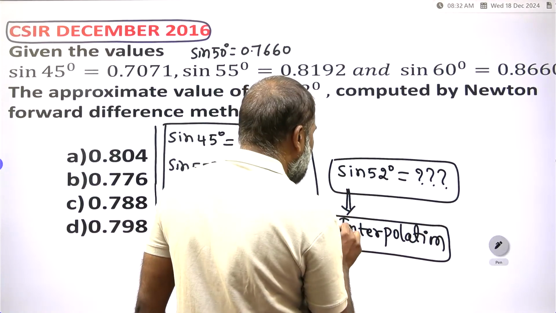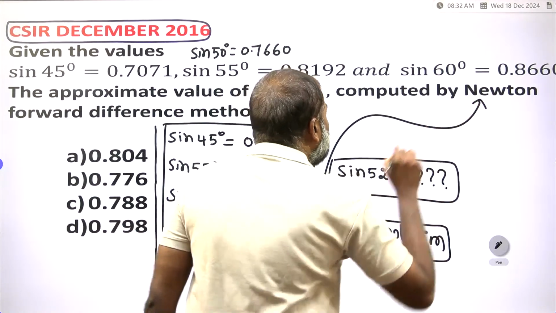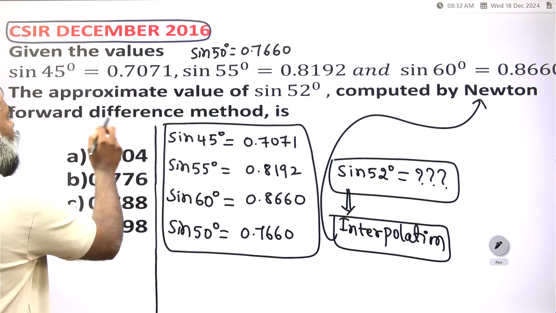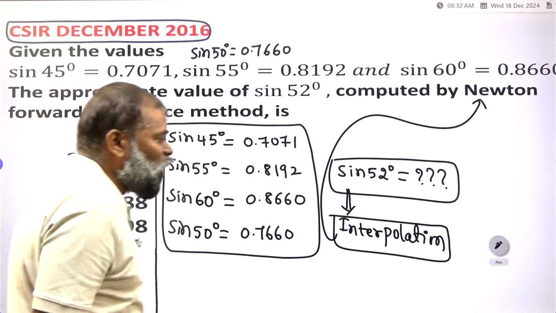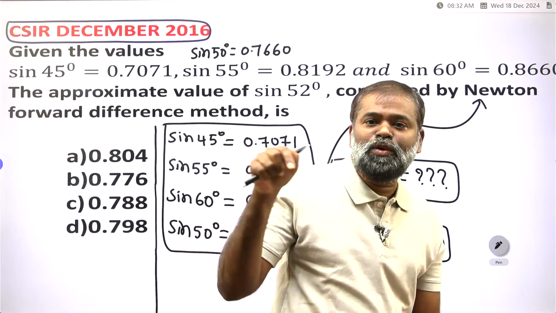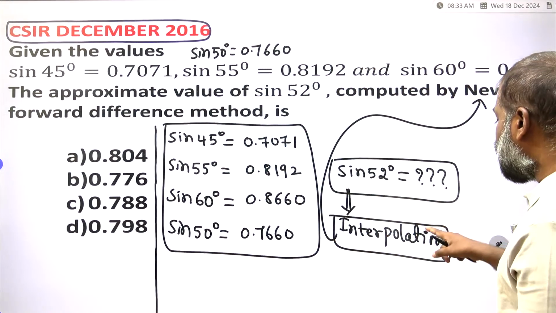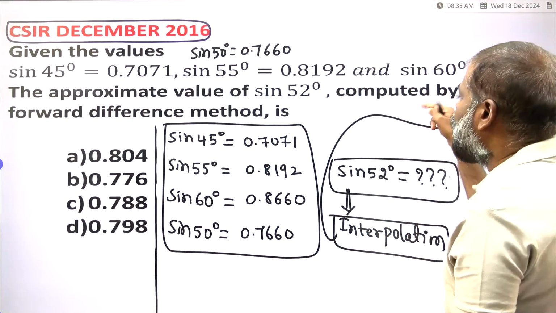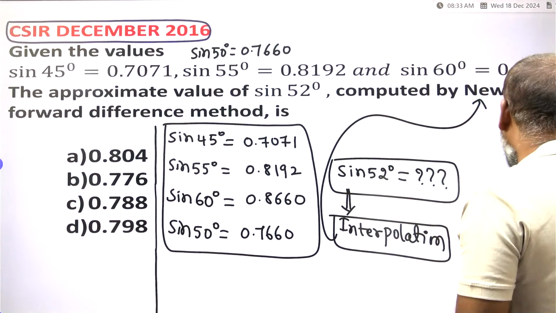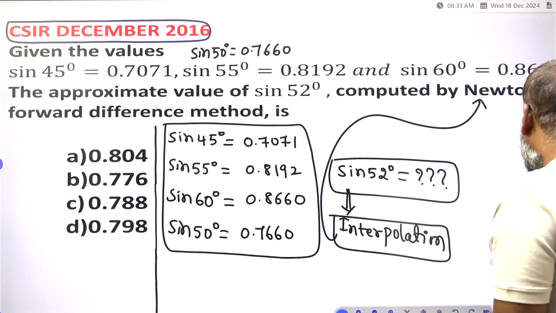In the interpolation, they have given which method to use: the Newton forward difference method. Based on the Newton forward difference method, you have to calculate the sin 52 value. This is our ultimate goal.